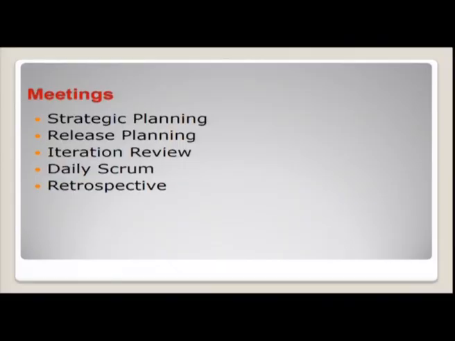First of all, as meetings of Scrum is concerned, we have different levels of meeting. The first and foremost meeting with respect to the top management is called the strategic planning meeting. What does the top management do in a strategic planning meeting? It is they who have to say whether it is feasible, whether they can spend some money, and what sort of ROI they will get.